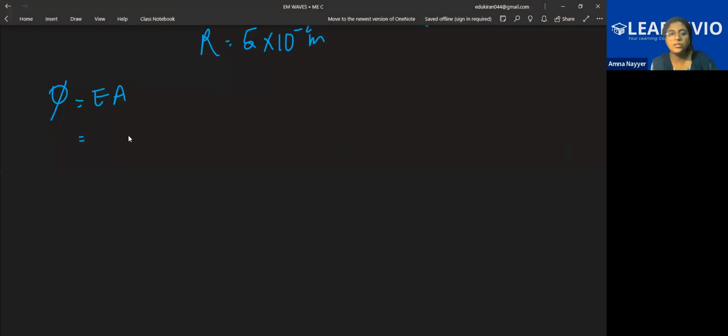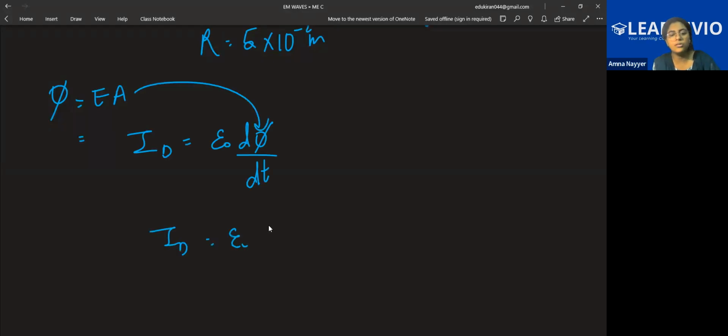Okay. Let's do one thing in the equation of displacement current, which is epsilon naught d phi over dt. Let's put this value. So displacement current will be epsilon naught d(E into A) over dt. Currently area is constant, so epsilon naught A will come out and you will be left with dE over dt.